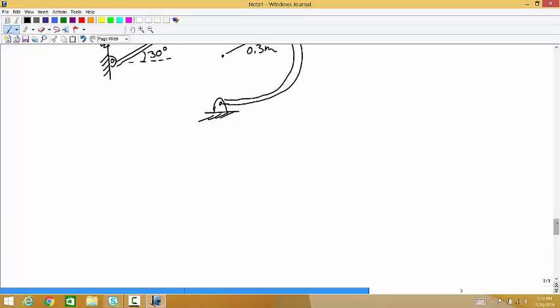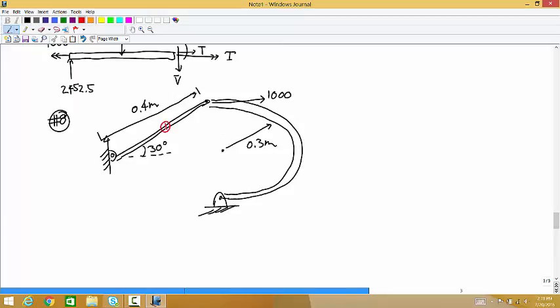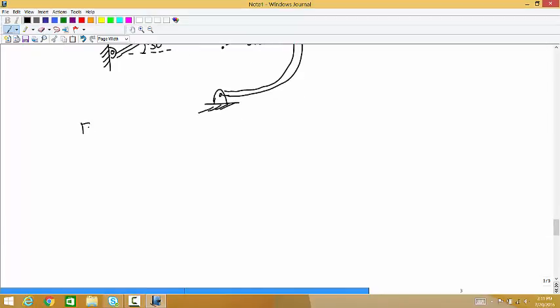Okay, so if we call this one 1 and this one 2, I'll do the free body diagrams for both approaches. First for member 1, you have a force vector down here, I'll call that RA. And up here, you have a force on 1 by 2. And since the pin is lumped in with member 1, you also have the 1,000 Newton force.